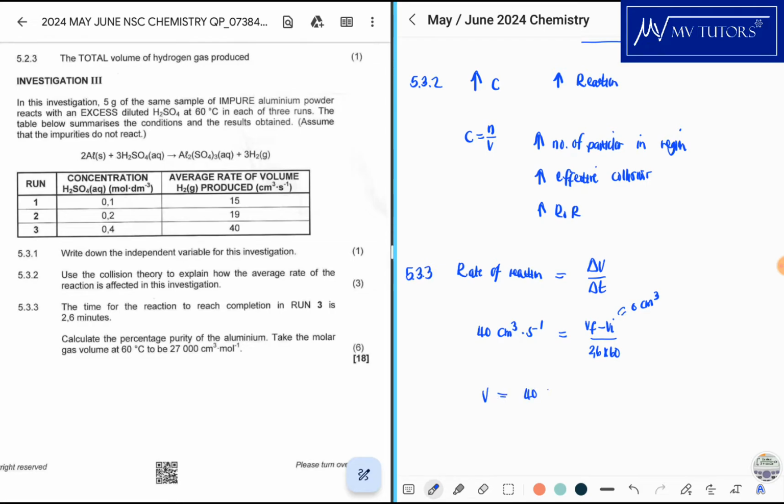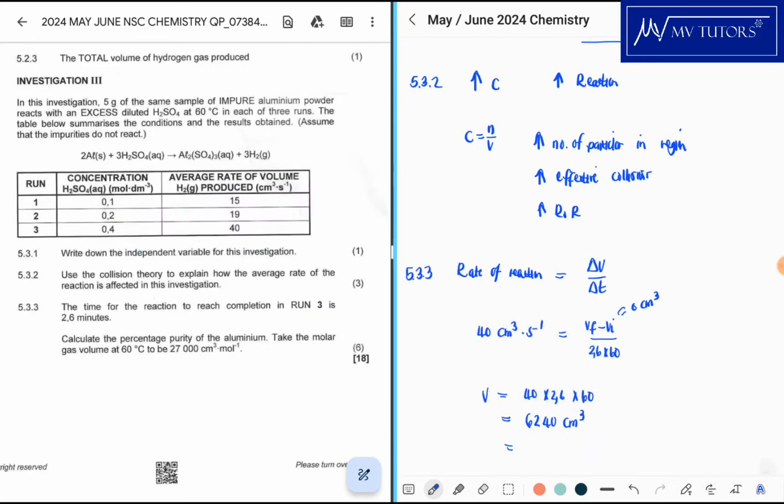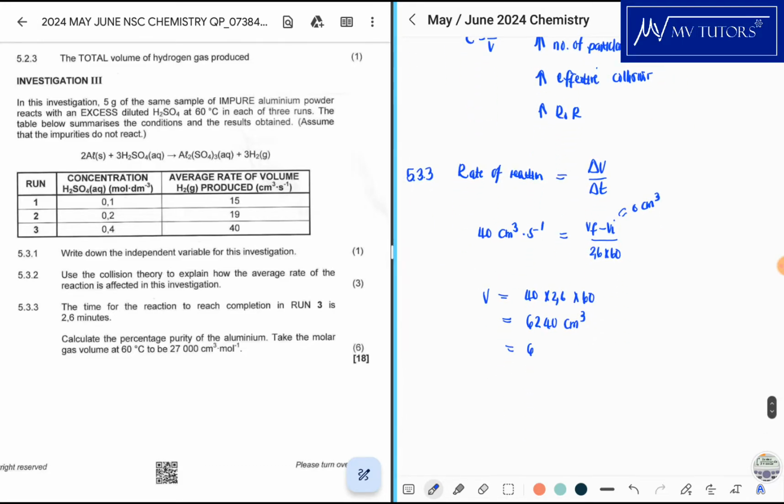So now we have 40 times 2.6 times 60, which gives us 6,240 cubic centimeters. I like working with cubic decimeters, so it'll be divided by 1,000. It's going to be 6.24 cubic decimeters. That's our volume.